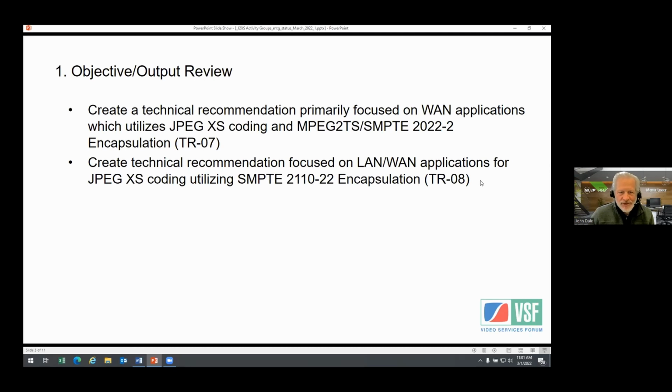And in this case, we've created 2 recommendations: TR07, which utilizes MPEG-2TS using SMPTE ST 2022 encapsulation, and secondly, utilizing SMPTE ST 2110-22 encapsulation, and that's the TR08 recommendation. So those are the 2 recommendations. They are both published on the VSF website.